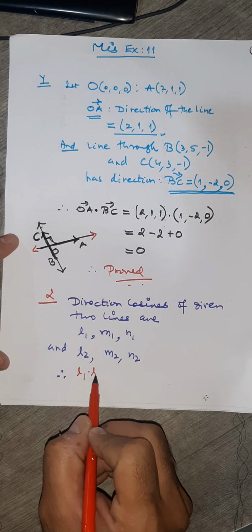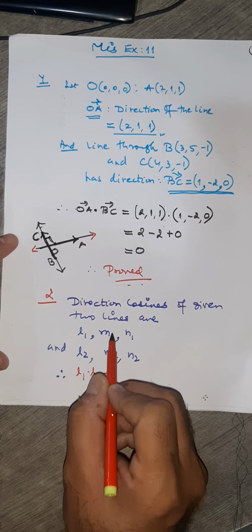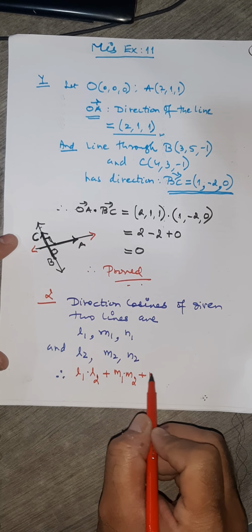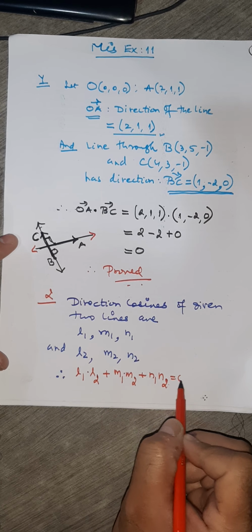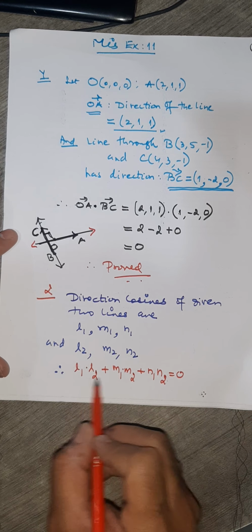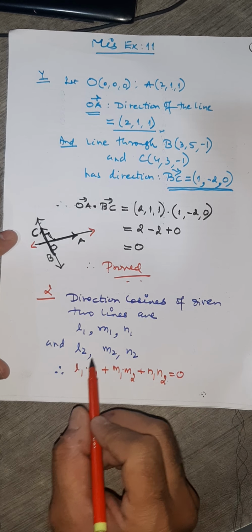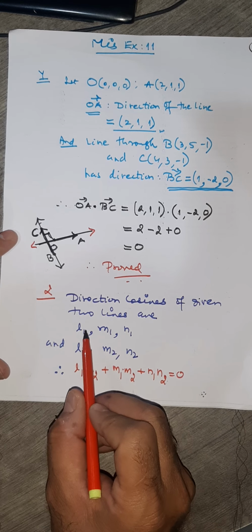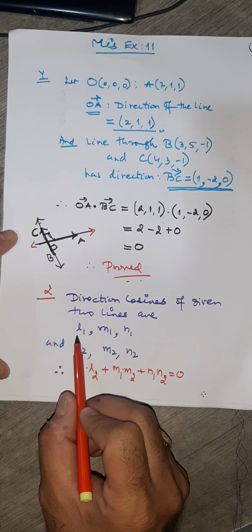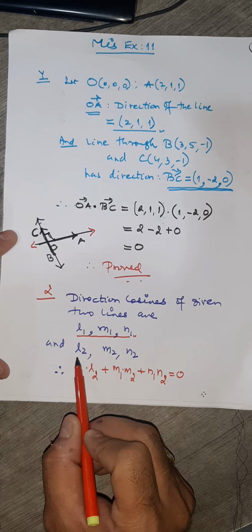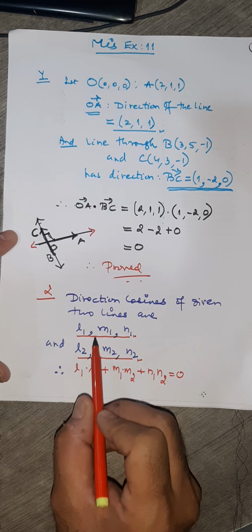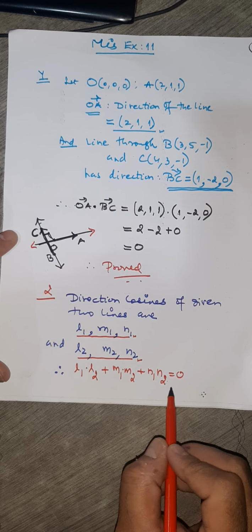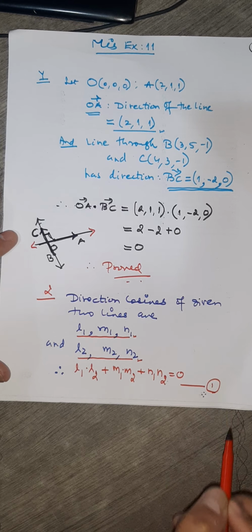So L1 L2 plus M1 M2 plus N1 N2 equals 0. This is given to us, remember. As the lines are perpendicular, the dot product of direction cosines must be 0. So this into this plus this into this plus this into this. You can call this equation 1.